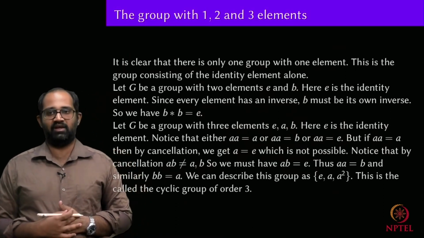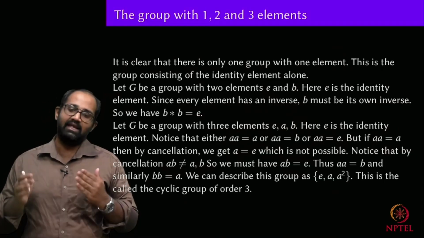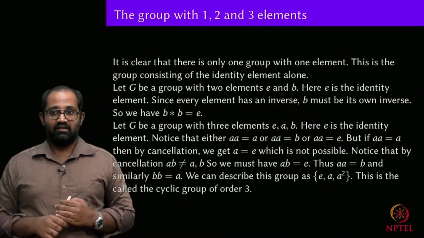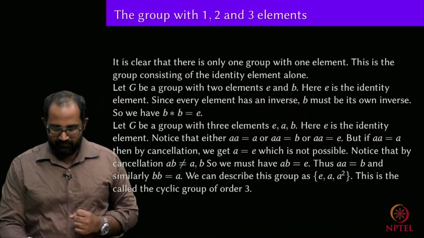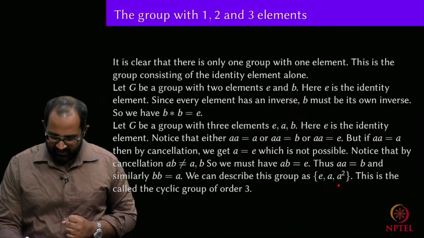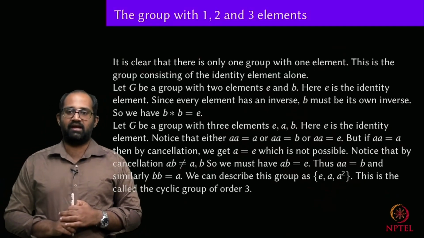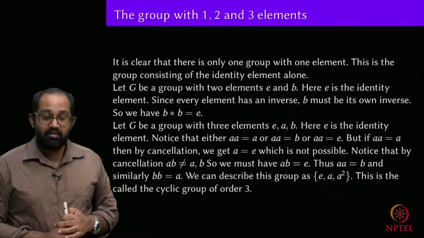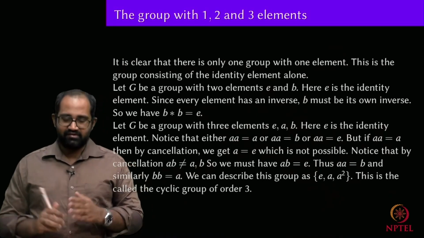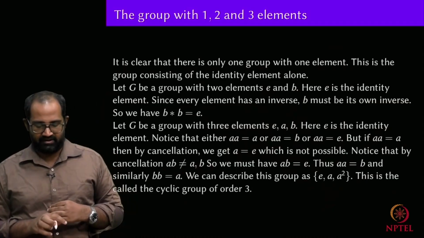Whatever argument we use to conclude that AA equal to B equally well applies to show that BB equals A. That means the net conclusion is we can describe this group as E, A, A squared, where A squared is just a shortcut for AA. And this is called the cyclic group of order 3, which will become a very good friend of ours in algebra 2. So, this concludes the analysis of groups that comprise 1, 2 and 3 elements respectively.